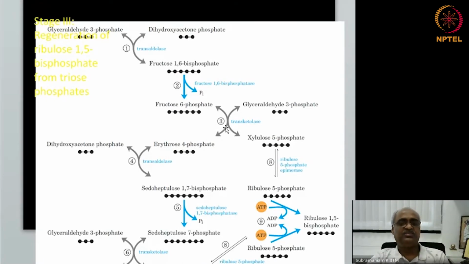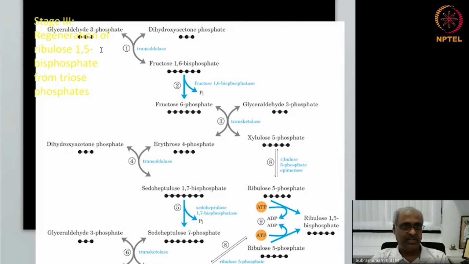The enzyme translocates the keto group and therefore it is called transketolase. So you have 6 plus 3, so you have got 9. Out of the 9, you make 1 four and 1 five. So the numbers are correct. That is the third step.